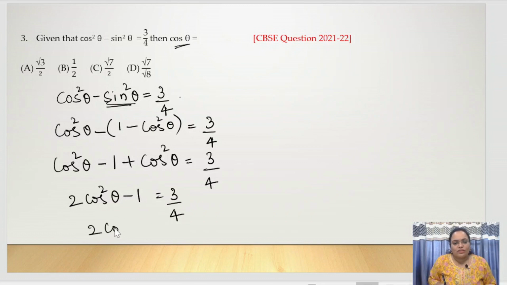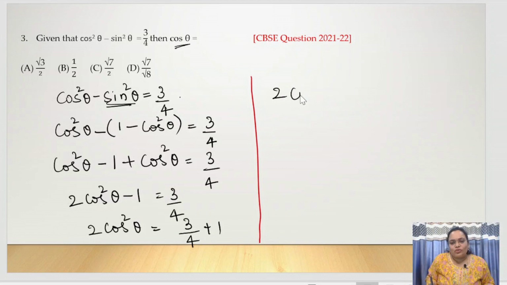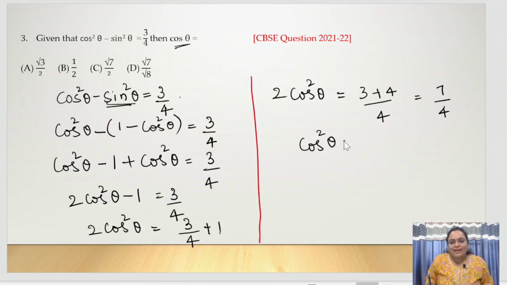So 2 cos square theta is equal to, I am just sending this minus 1 to the RHS, 3 by 4 plus 1. So this becomes 2 cos square theta is equal to 3 plus 4 by 4, which is 7 by 4. So now cos square theta is equal to 7 by 4 into 2, I am just sending this 2 to the RHS.